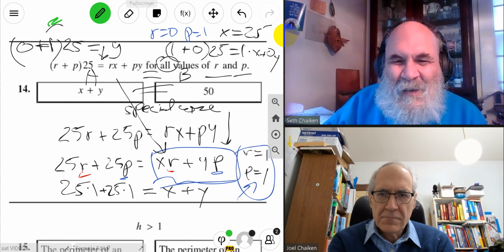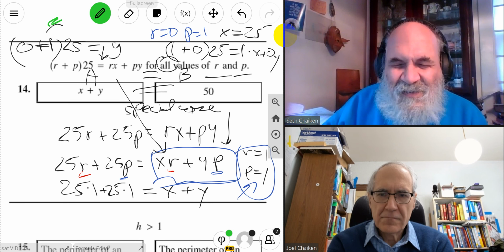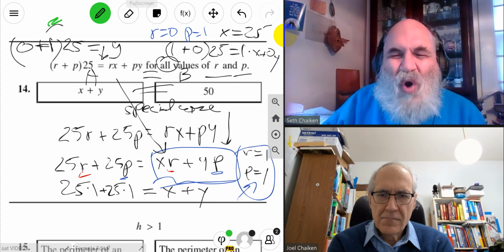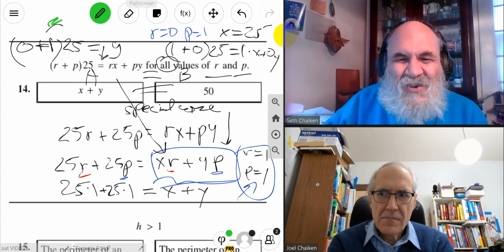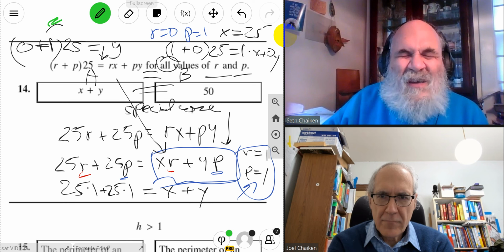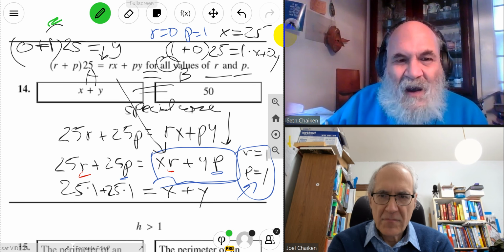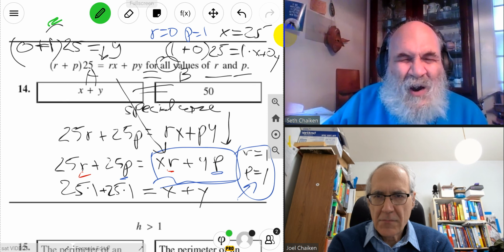The first way maybe doesn't clearly tell you why it's true. It doesn't give you much intuition. All I did was follow my nose from what is stated as a hypothesis. I plugged in r equals 1 and p equals 1 in order to get x plus y. And this formula told me that x plus y is 2 times 25.